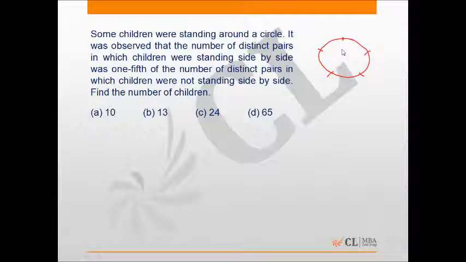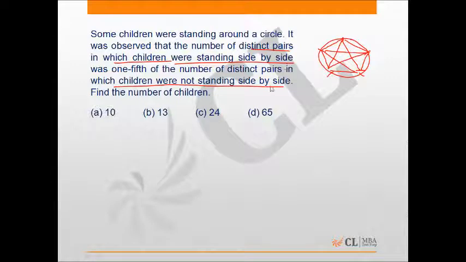So how many pairs of children are standing side by side? So there is 1, there is 2, there is 3, there is 4, there is 5. So the sides of this pentagon represent the pairs of children standing side by side, and the children who are not standing side by side are these ones, 1, 2, 3, 4 and 5.